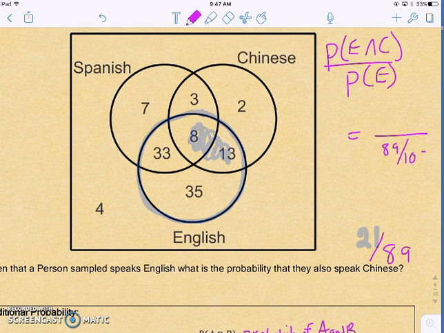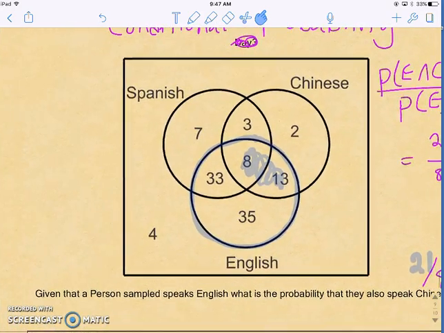The probability of English and Chinese is 22 out of 105. So our denominator's not 22. Why do I keep saying 22? That should be 21 out of 105. So we have 21 out of 89. We just kind of did it looking at that subset. Either way works.